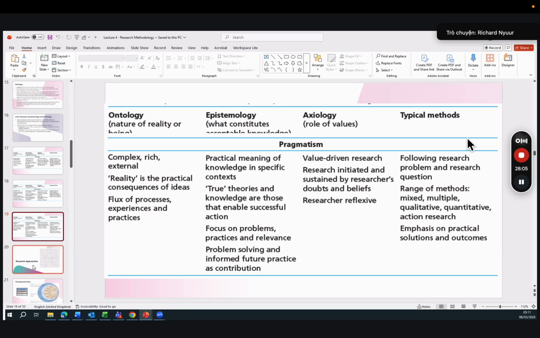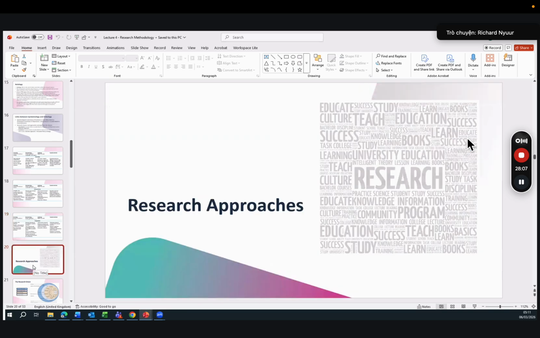Explain briefly in your proposal. In your dissertation, you will need to write about them. Okay, you need to explain a little bit more about them, because 8,000 words for the whole dissertation is not enough to delve so deep into all these.